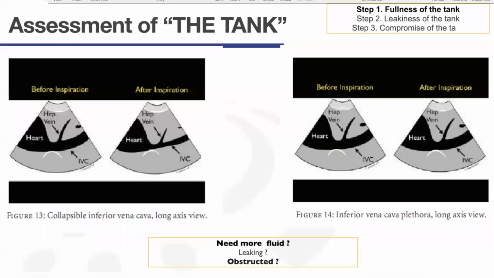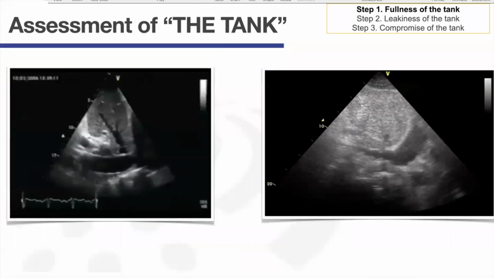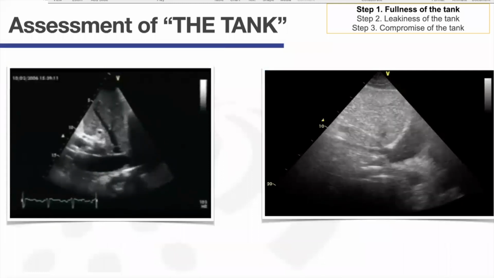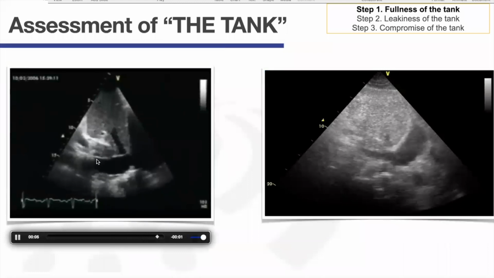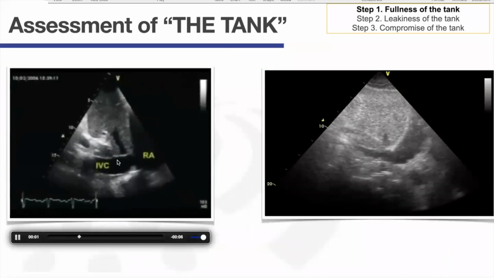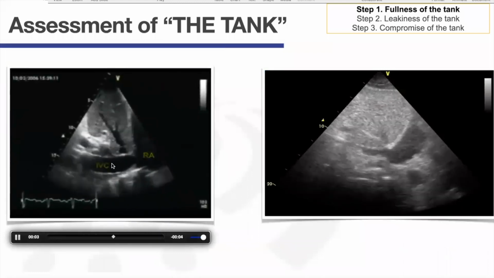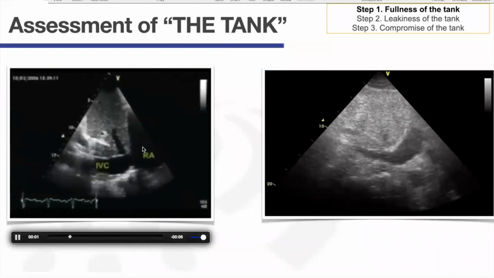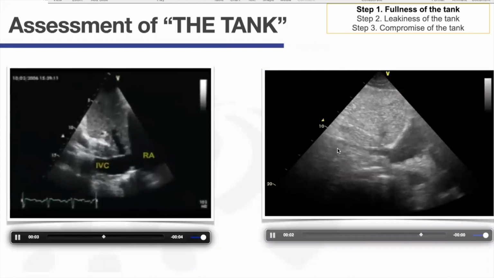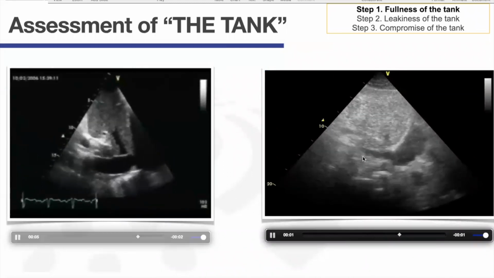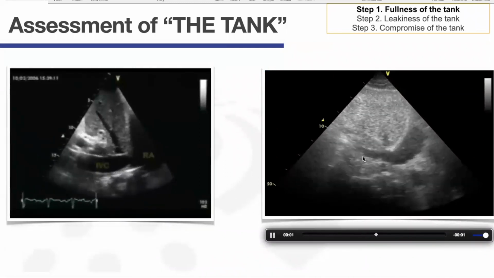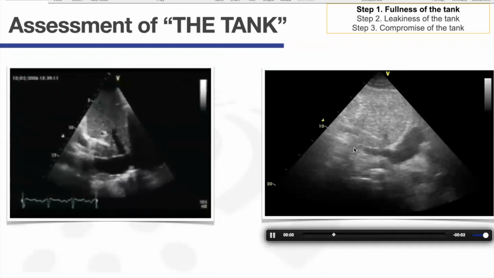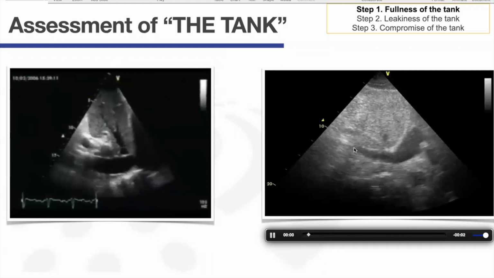In this video, the first one shows a plethoric IVC, and you can see there's very minimal variability of the IVC. That's the right atrium, and that's the IVC. Compared to this one, which shows a kissing IVC, you can see the IVC is very small and it's kissed and collapsible.